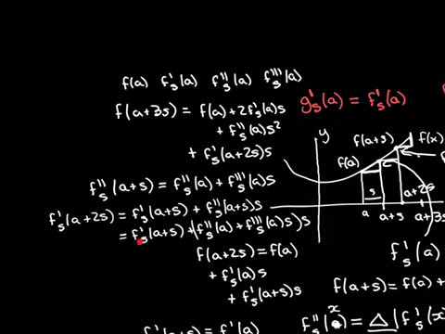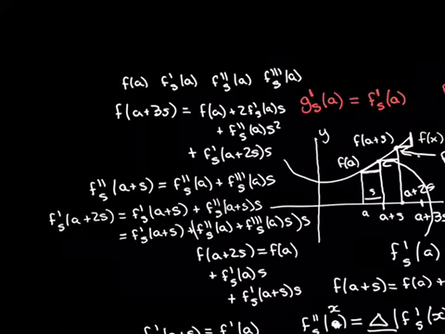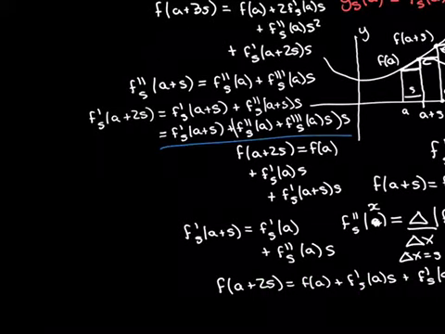So this is the first derivative at the point a plus s, but we already must have a formula for that. That's just going to be the first derivative at this point plus the second derivative times s. Oh my goodness. Yeah, so I am already wishing that I hadn't done this. So just draw a blue line across there.